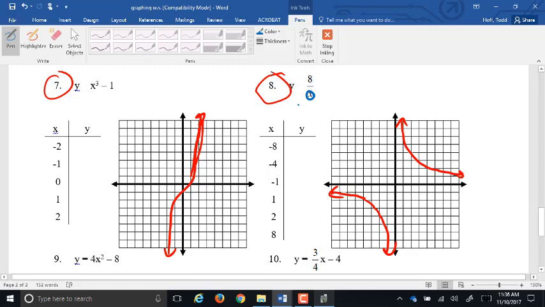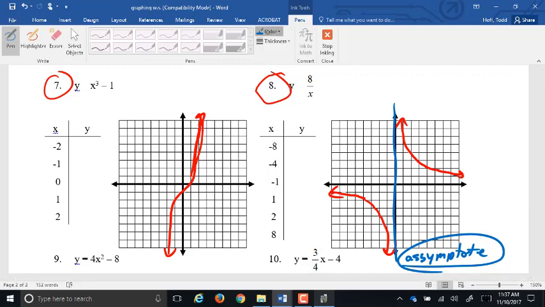If you tried it on your calculator, it's going to say error. You can't divide by 0. So x cannot equal 0 here. That's what we refer to, and you don't need to know this term, but it's called an asymptote. It's a value on the graph that one of the variables can't equal, so it has to skip over that value.